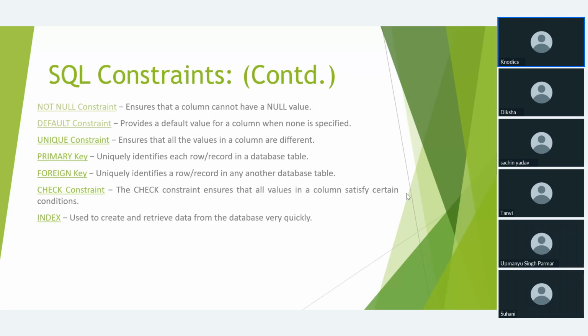Then the third thing here is the unique constraint. The unique constraint ensures that all values under that column are unique. For example, if an employee ID is there for any employee in the company, it must be unique, no matter whether that employee is working currently or has worked previously.